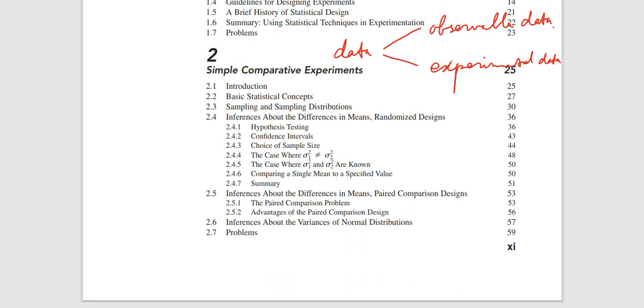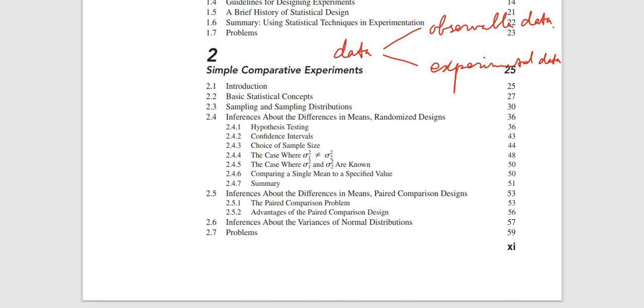So we have the one sample t-test, or the two sample t-test, and for many samples the ANOVA test.